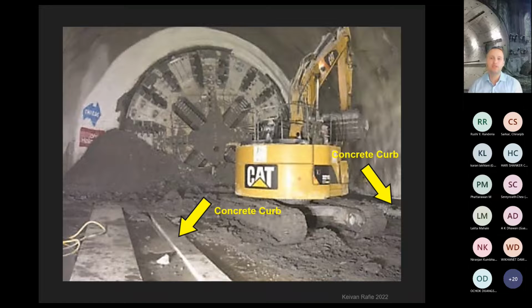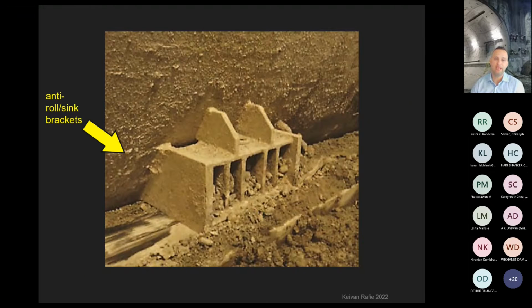The first element was the concrete curb, as we called it, poured on both sides of the TBM along the cavern to resist the forces causing the TBM to sink into the ground. The second element was a set of special anti-roll sink brackets welded to the TBM shield, and they could slide along the curb, preventing the TBM from sinking into the ground, or also rolling while the invert was being excavated.